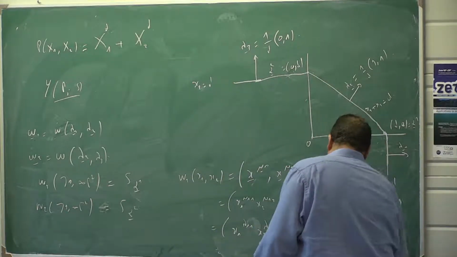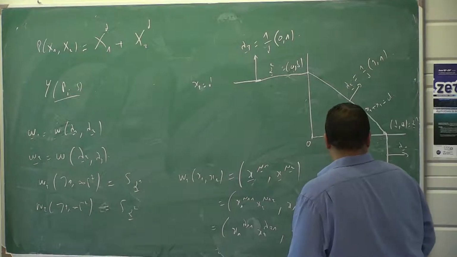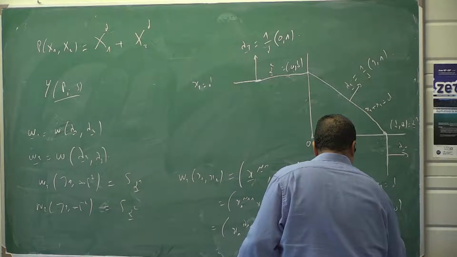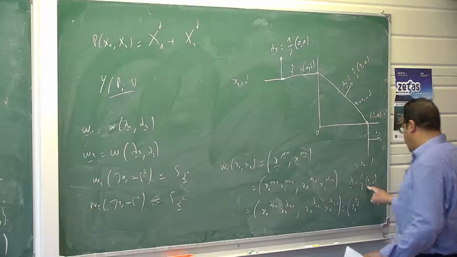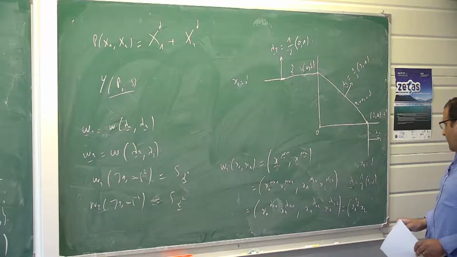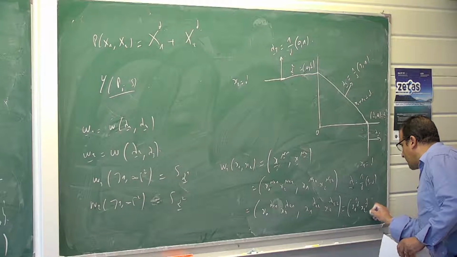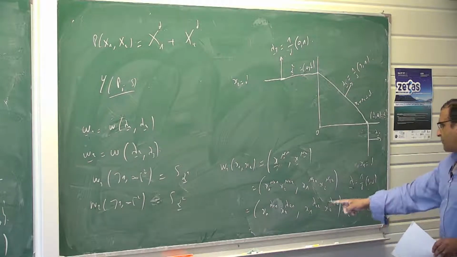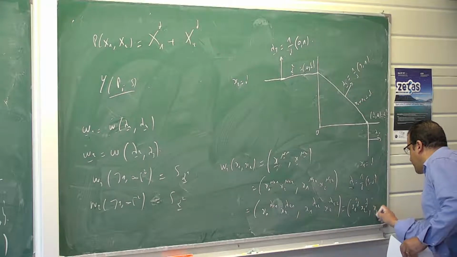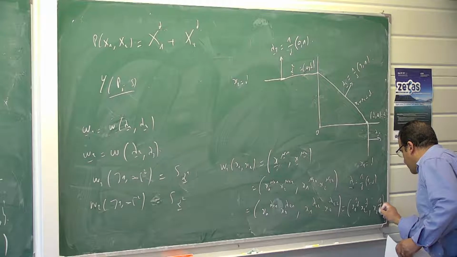So x1^lambda 1 1 is x1^(1/d), and x2^lambda 2 1 is x2^(1/d), and here x1^lambda 1 2 is 0, and lambda 2 2, so x2^(1/d).